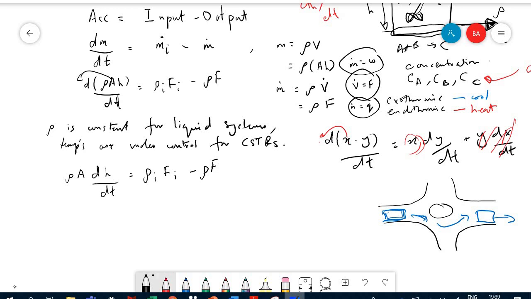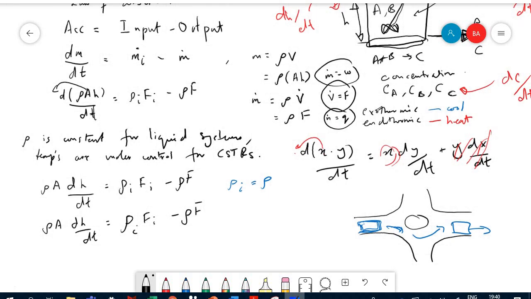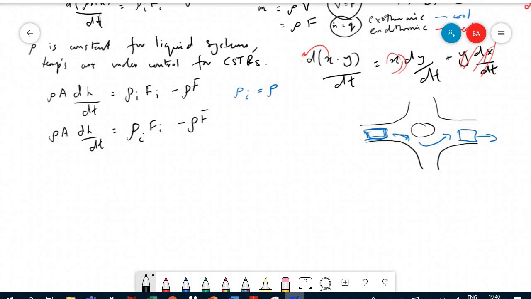So simply what we are trying to say here is that rho_in is equal to rho. So this system will look like rho A dh/dt equals rho F_in minus rho F. I'll keep it as rho_in, maybe it makes you more comfortable, and we just understand that they are already constant values.